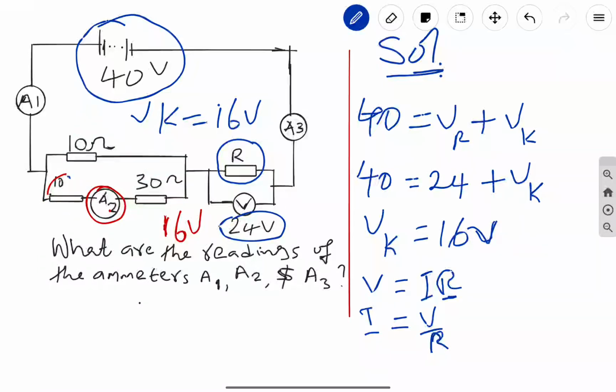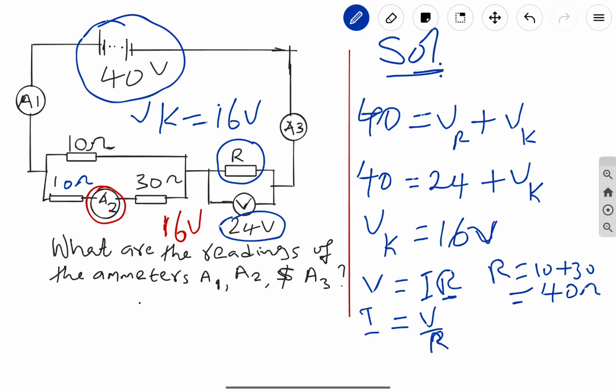So this R is going to be equal to 10 plus 30, resistors connected in series, and that gives us 40 ohms.